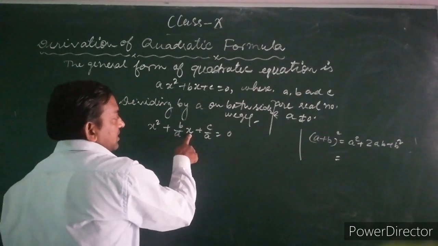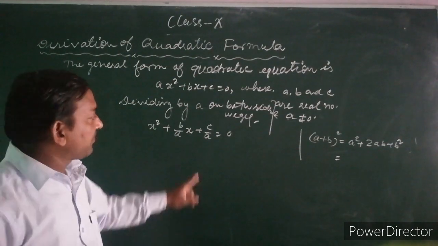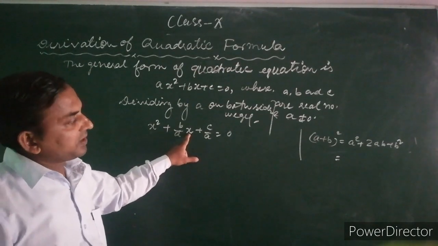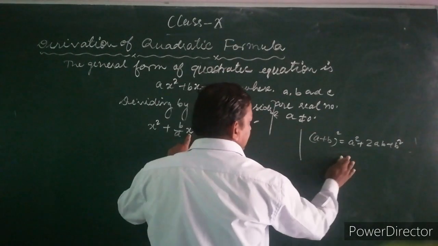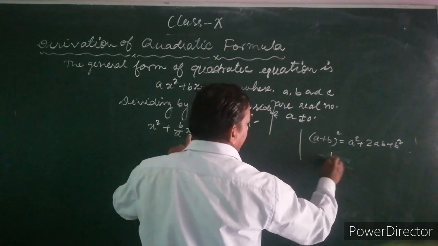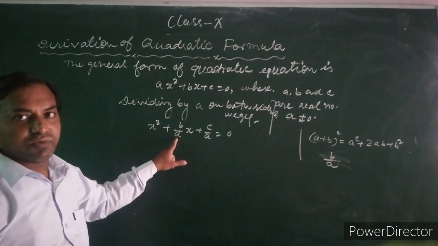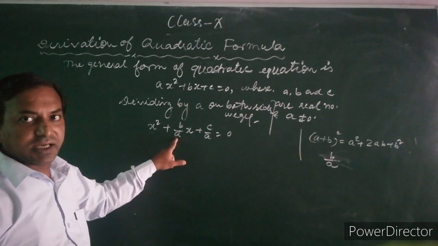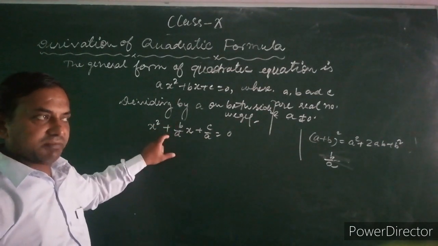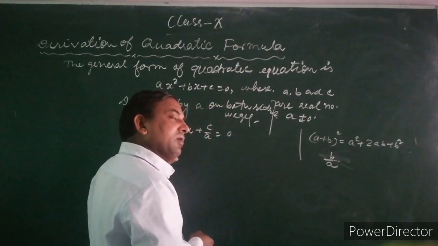Clear? Means first of all, to make a perfect square, we find the coefficient of x. The coefficient of x is b upon a. So first of all, we take half of b upon a. Means we divide b upon a by 2. How can you divide b upon a by 2?